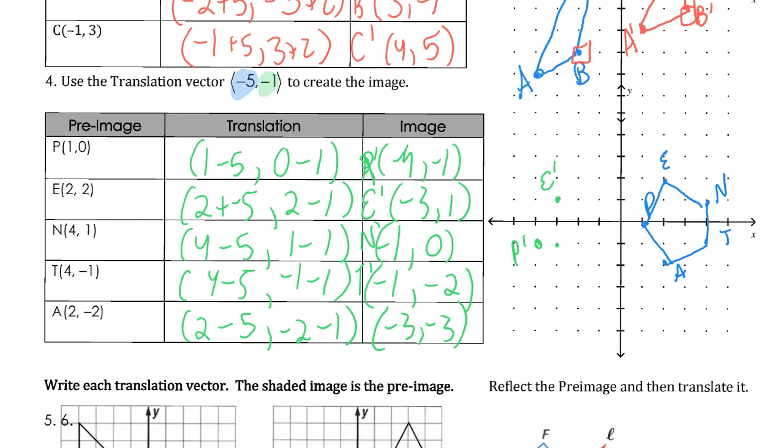Okay, and then N is going to be 1 -1, 0. Okay, N prime, and then T is -1 -2, T prime, and the last one is -3, 1, 2, 3, 1, 2, 3, A prime. Okay, connect the dots.